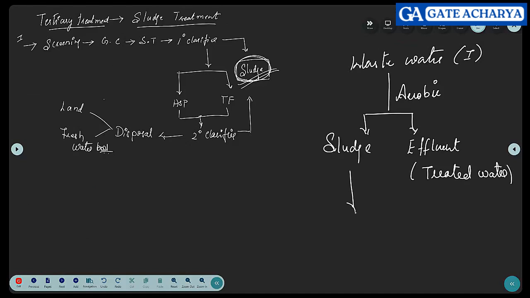This sludge should be treated anaerobically, anaerobic treatment, to get some final output, which is usually a manure.